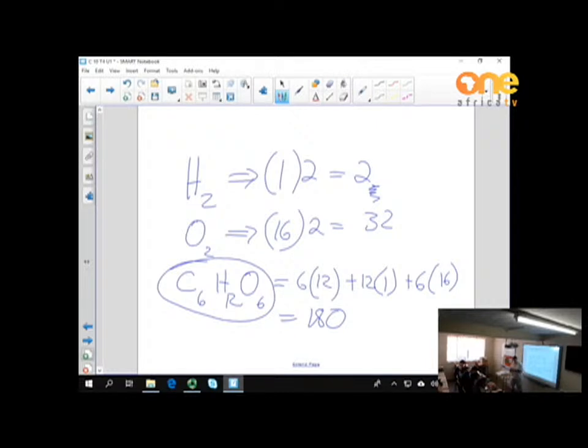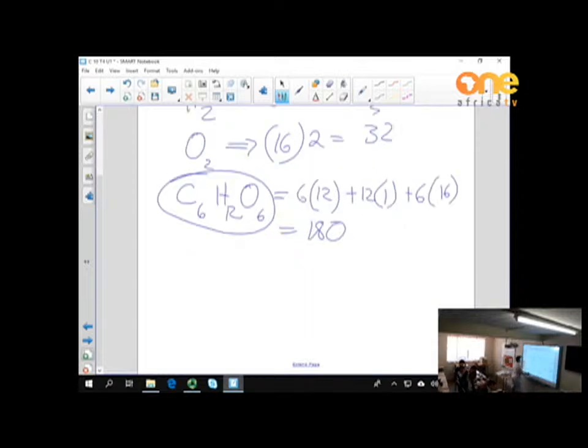All right, one more. Let's have a look at ethanoic acid. The formula for ethanoic acid is CH3COOH. What would the relative molecular mass be? Carbon has a mass of 12. How many carbons are there? 2 carbons. It doesn't matter that they're not written as C2.